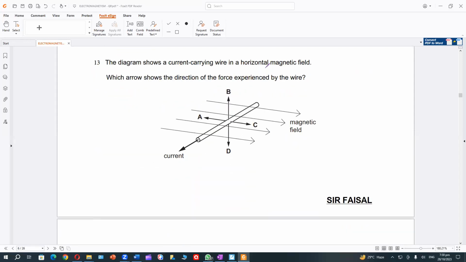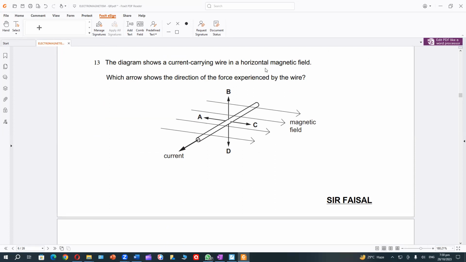Answer for 13, the diagram shows a current carrying wire in a horizontal magnetic field, which arrow shows the direction of the force experienced by the wire. What do you people suggest for 13?